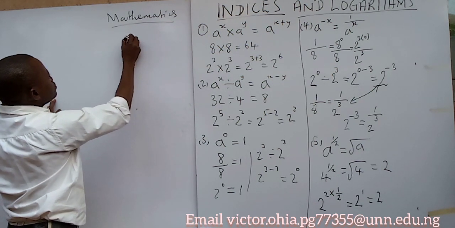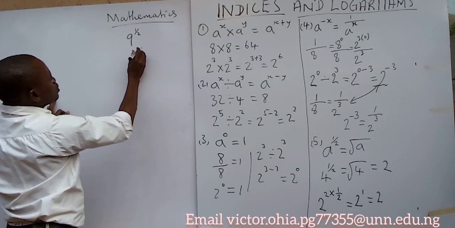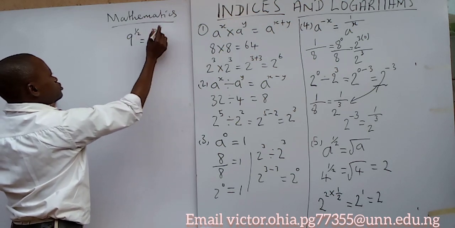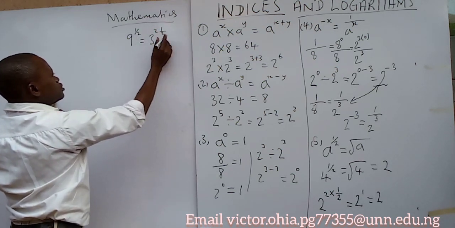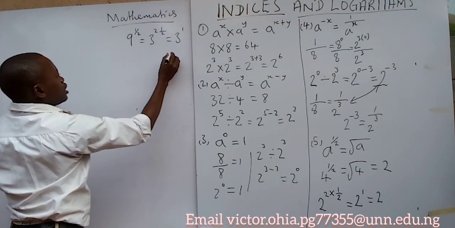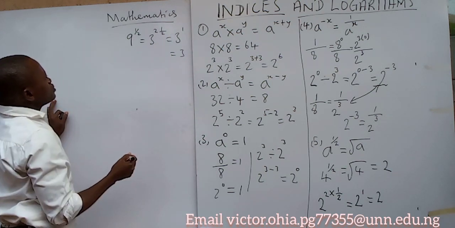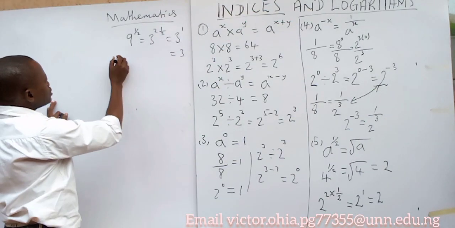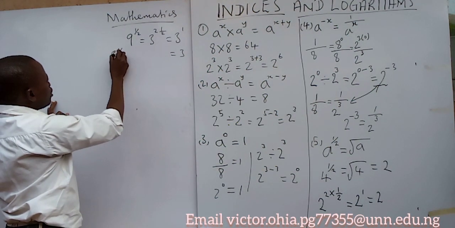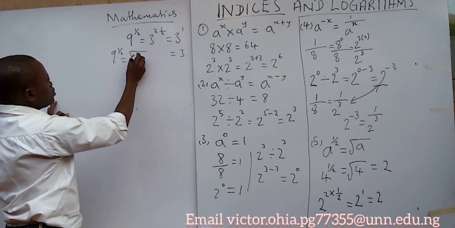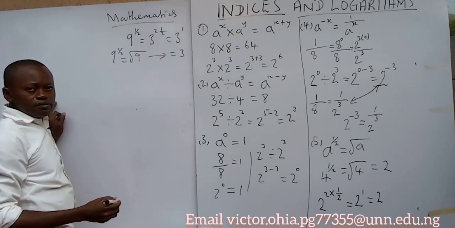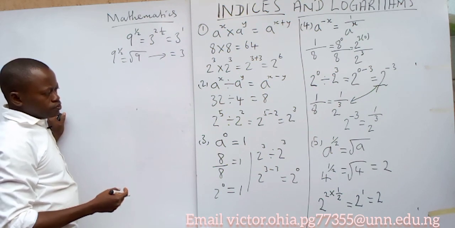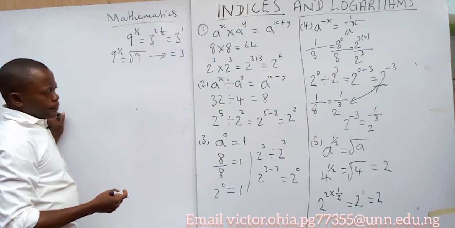If I say 9 raised to power half, and this 9 I know is 3 raised to power 2, and it's going to multiply that existing 1 over 2, this will become 3 raised to power 1, which is equal to 3. And this 3 is the square root of 9. So if I have 9 raised to power half, I can quickly say let it be the square root of 9, and it will give me 3. That is acceptable.